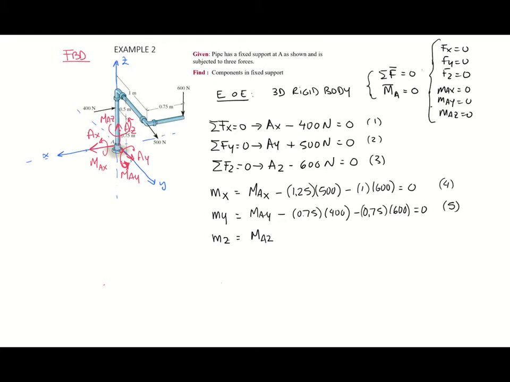So we have a system of 6 equations with 6 unknowns. As you see, they are very easy to solve. So let me start solving them. The next step will be to solve the system of equations.